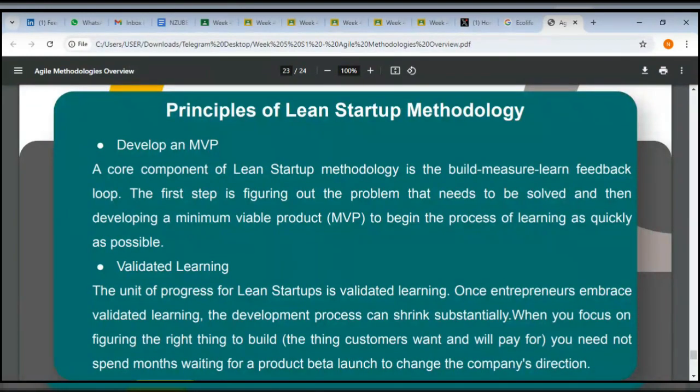Your first product can function, but it is built with the mind to be able to make updates to it, to have your final product, or to have your more aesthetic product. So you build your MVP to begin the process of learning as quickly as possible, and then you start to collect feedback and start to work on the feedback.